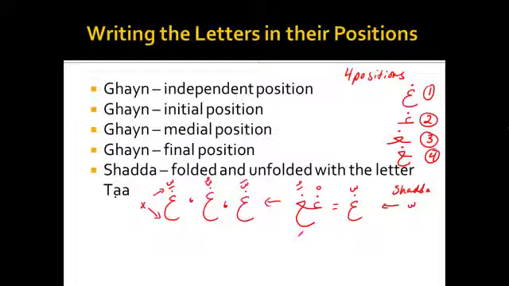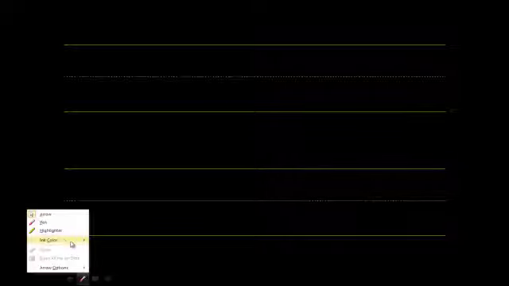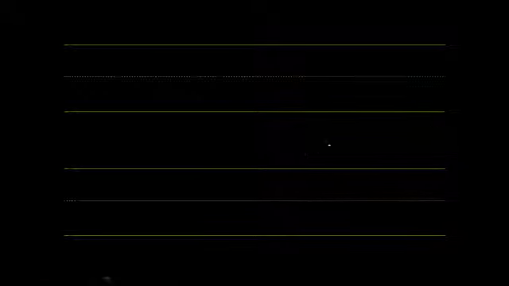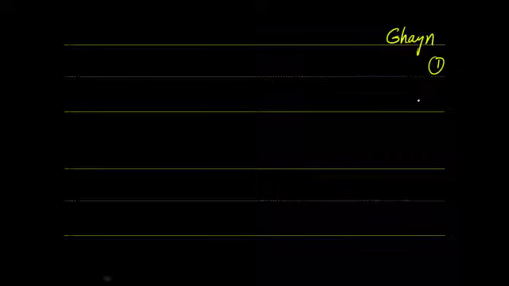Now let's write these letters, the letter ghayn and the shadda, together. I'm going to change my color to yellow. So we're writing the ghayn here. Now let's write the ghayn in the independent position.